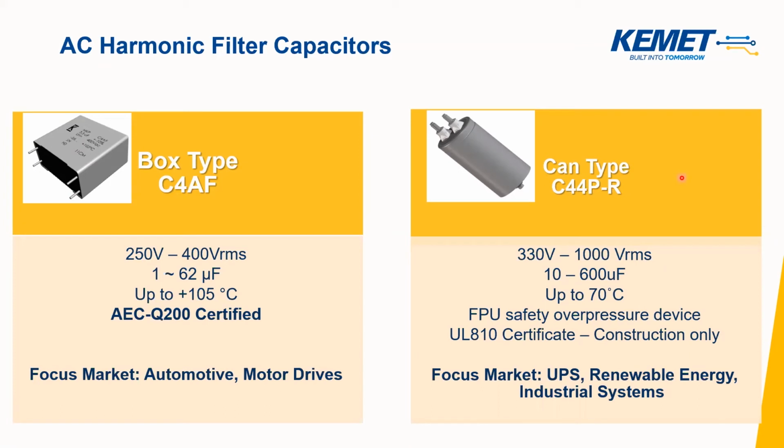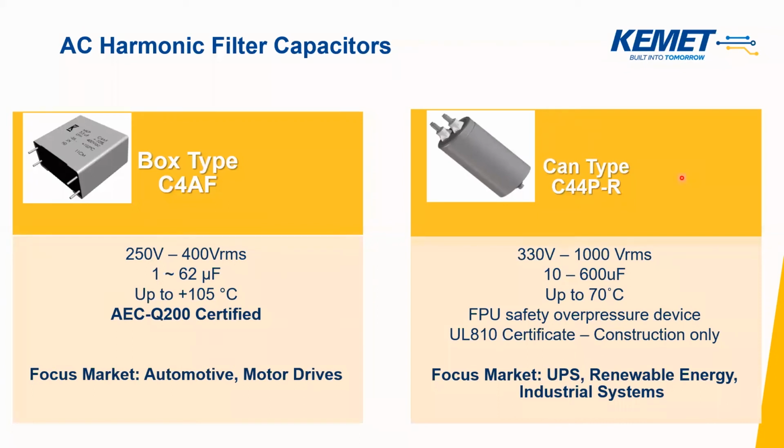And for all your large energy requirements for focus markets such as UPS or renewable energy or heavy industrial systems, we have our CAN type AC filter capacitor series, the C44PF series. The voltage and capacitance offering with this CAN type capacitor series is a lot more than a box type series.